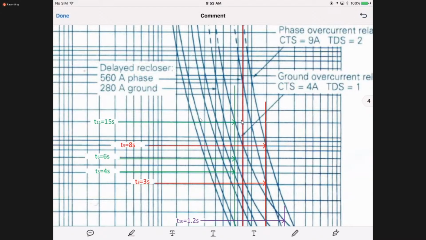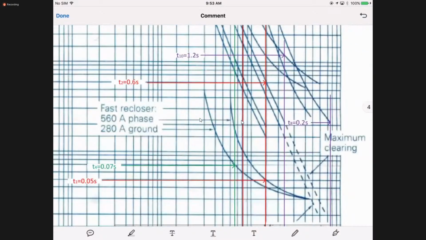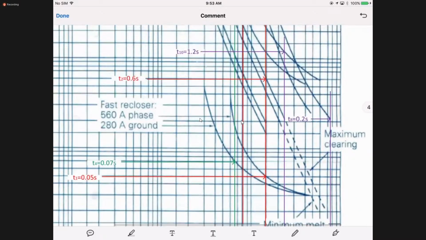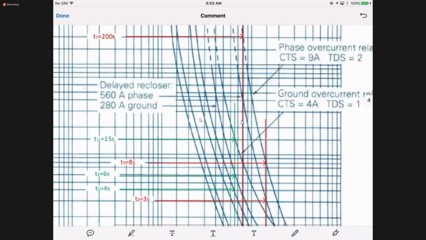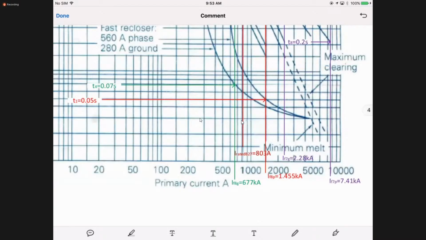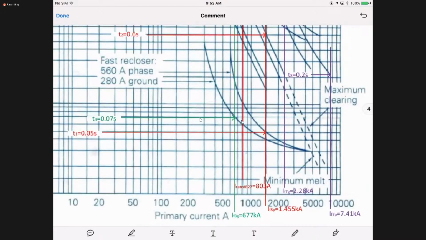So just try to point out this. Anything else I need to point out? Okay, for the phase, it is the same argument.